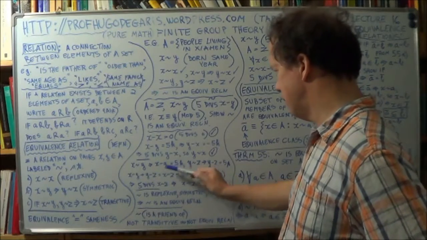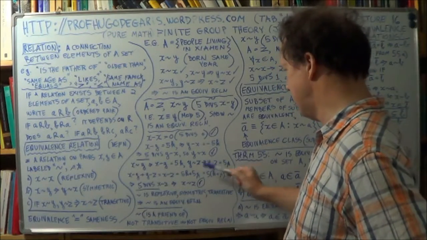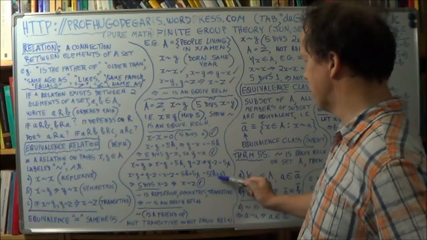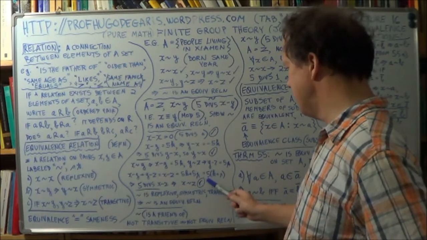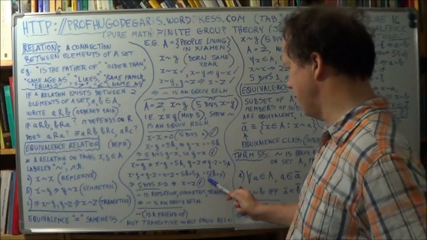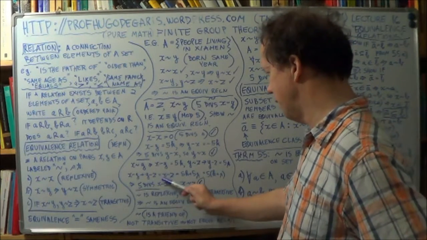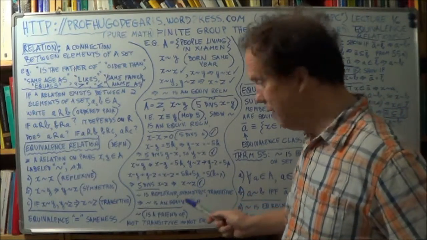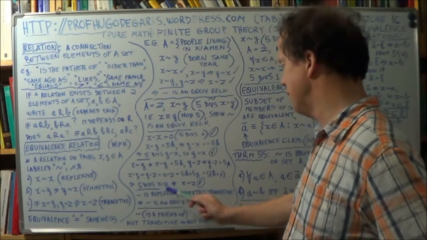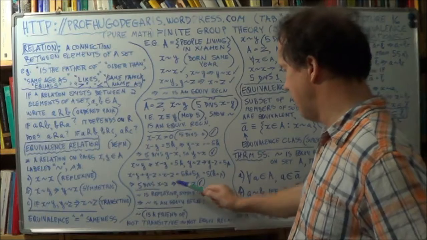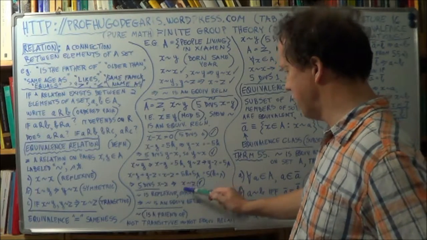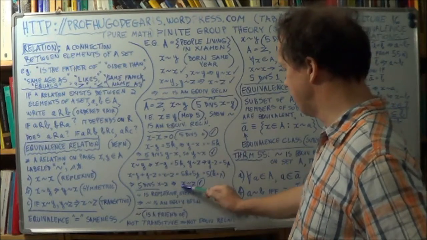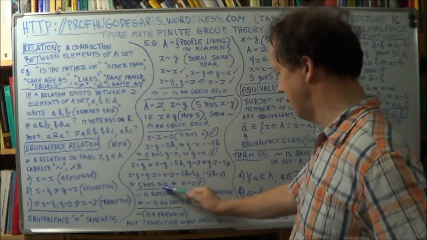So adding, you've got 5k plus 5p, which is 5 times k plus p. That means that 5 is a factor of this. So 5 divides x minus z, and that means this relation holds between x and z.